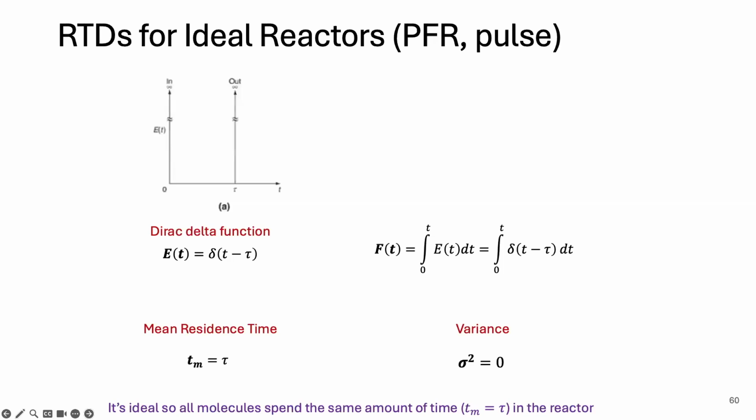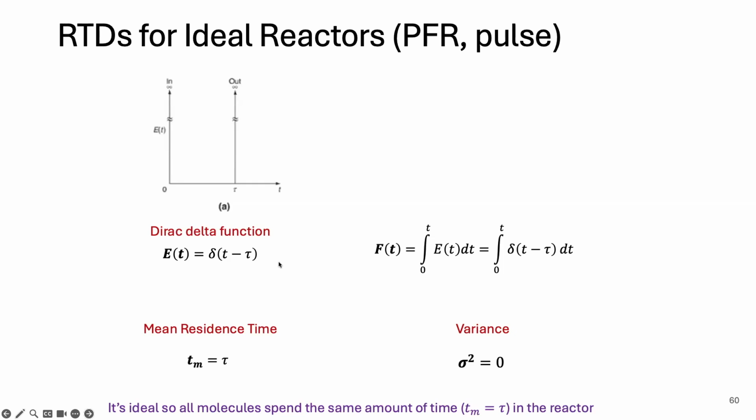So what should we expect for our ideal reactors? Let's consider the PFR and a pulse input. If we have a spike going in, we can represent a spike coming out using the Dirac delta function. It looks like this.